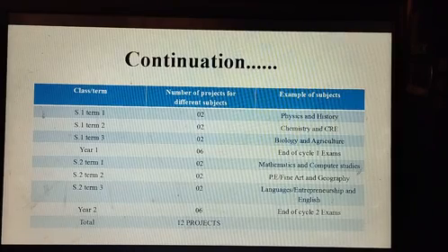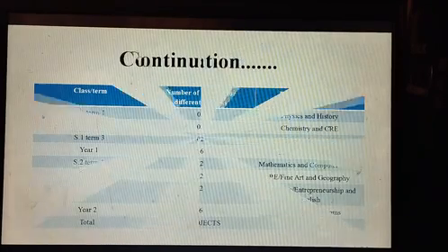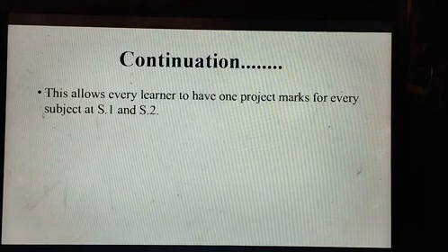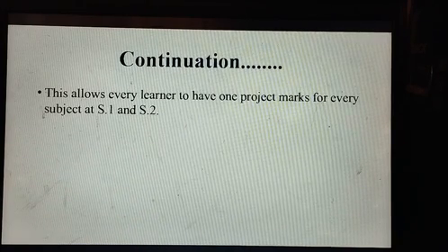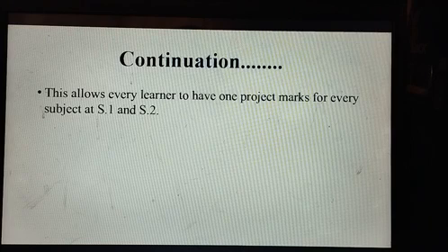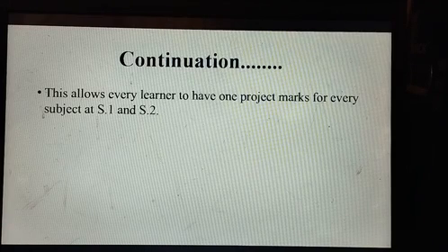This allows every learner to have 1 project mark for every subject at senior 1 and senior 2. So if there are 12 subjects, the learner will have 12 projects by the end of senior 1 and senior 2.